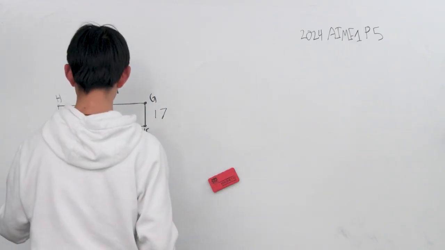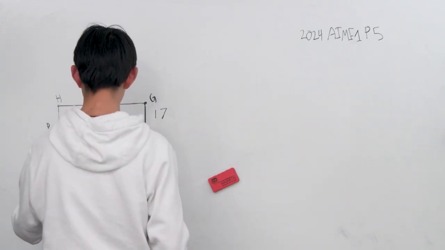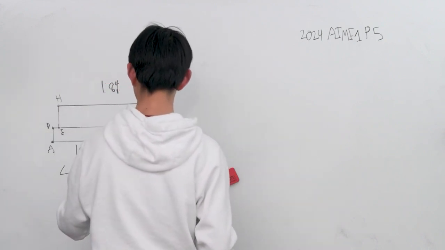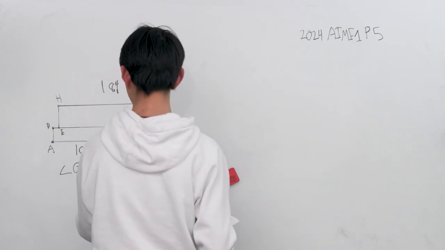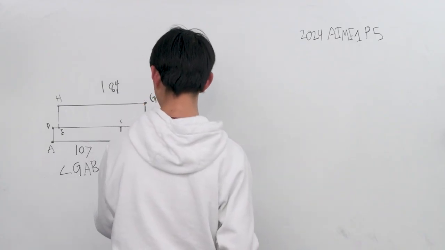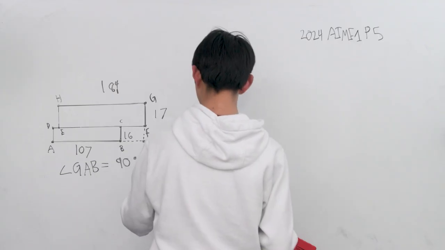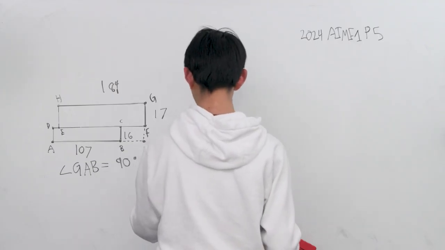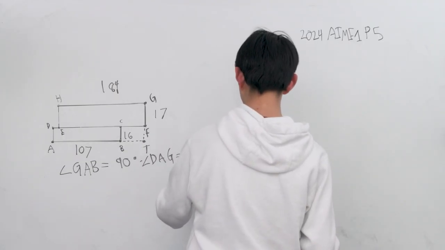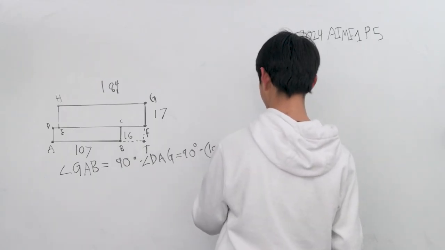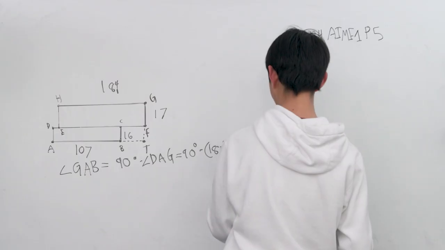So we have angle GAB is equal to 90 degrees minus angle DAG. And DAG we can simplify more to 180 degrees minus DHG, or GHD.